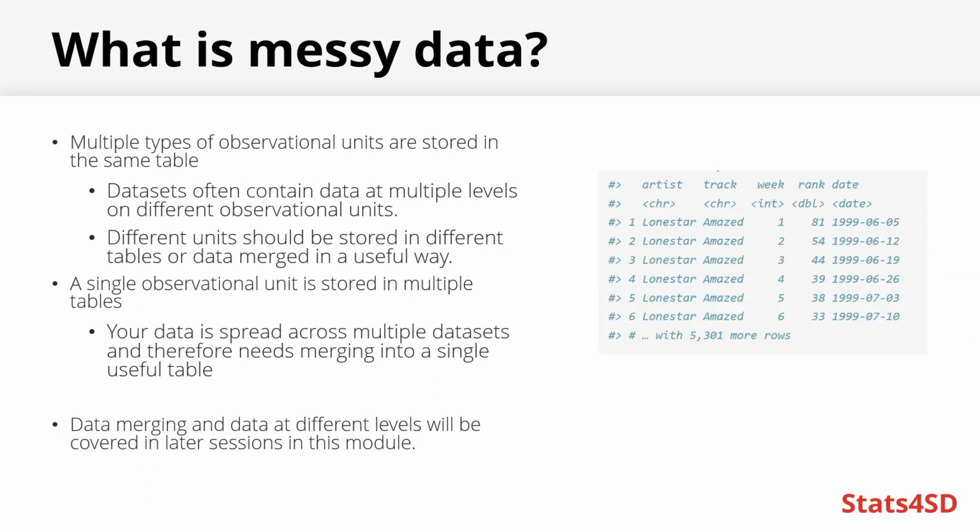Of course, there are different arguments for which way to do that, but the more advisable, less messy way would be to have the farmer level information in one table, and then a separate table that stores all the plot level information and data. So you have data at different units, and therefore these different units should be stored in different data tables, or at least merged in some useful way.